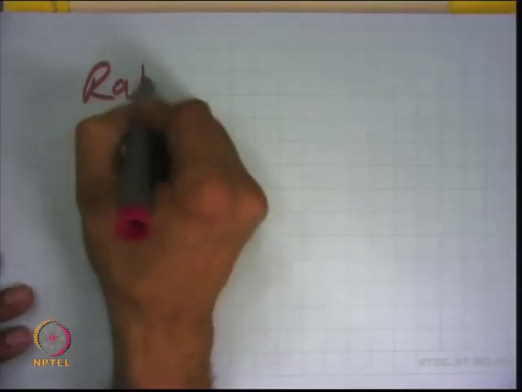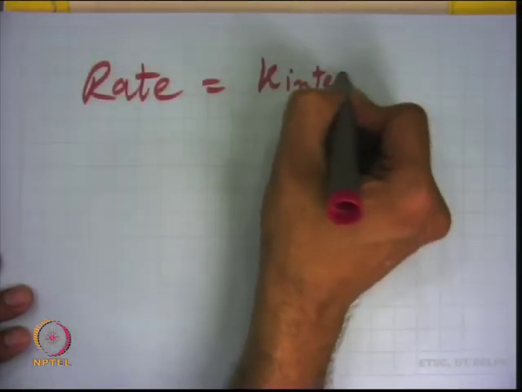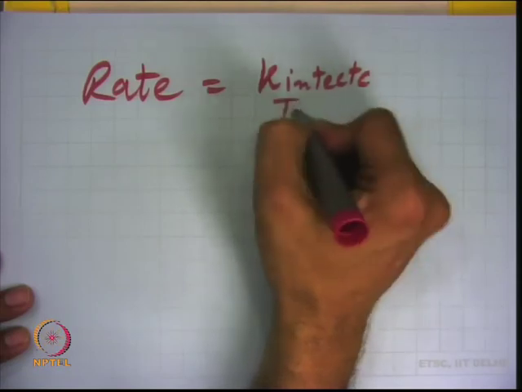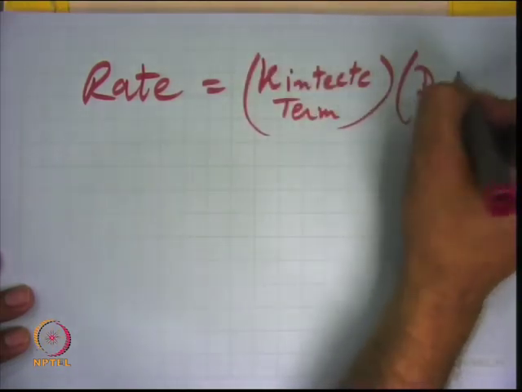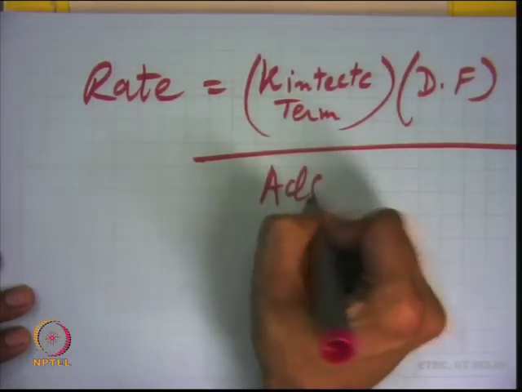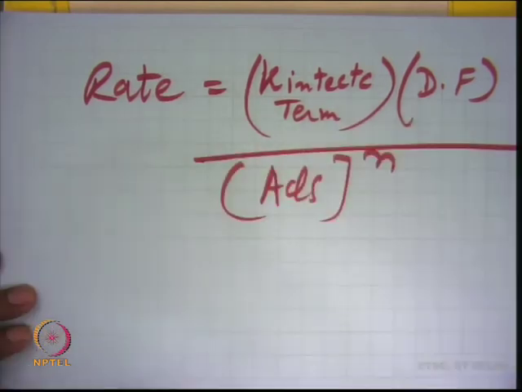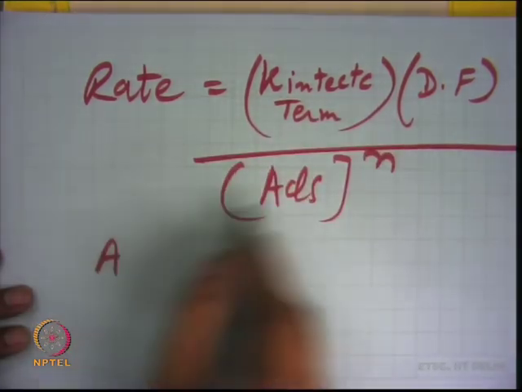So, basically the rate is equal to the kinetic term times the driving force, which we have already discussed, divided by the adsorption term to the power n. So, that is the value of this. Suppose the surface reaction rate controls.